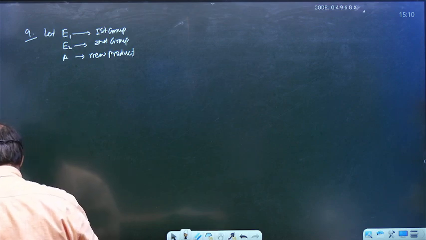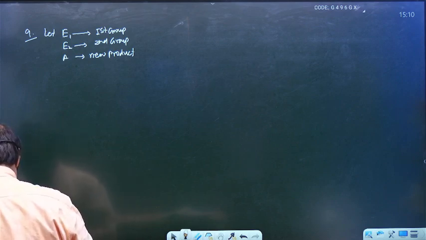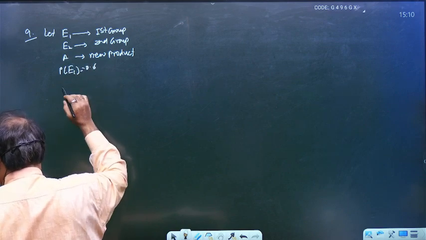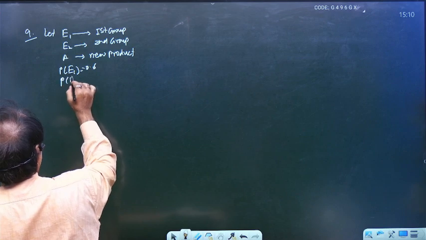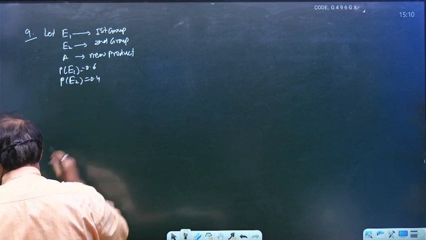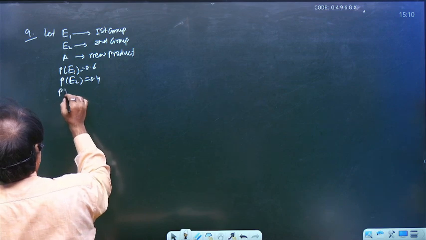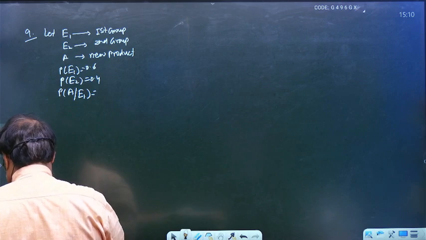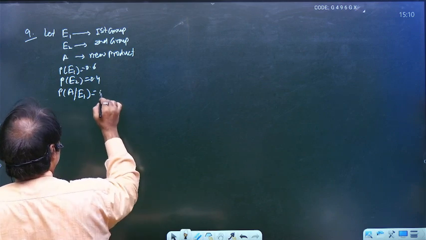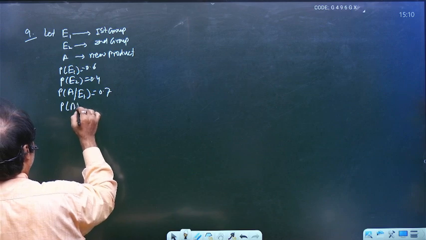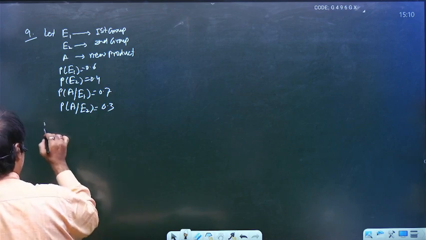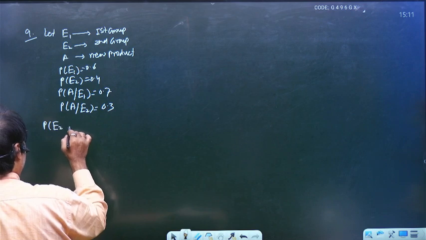Now probability of E1 is given as 0.6, and probability of E2 is given as 0.4. Probability of A by E1 is given as 0.7, and probability of A by E2 is given as 0.3. Now we have to find from the second group, so E2 by A.